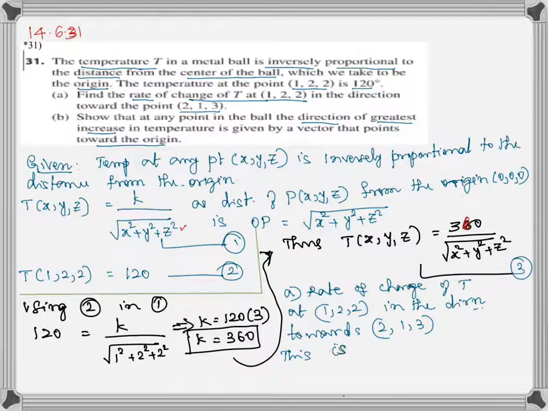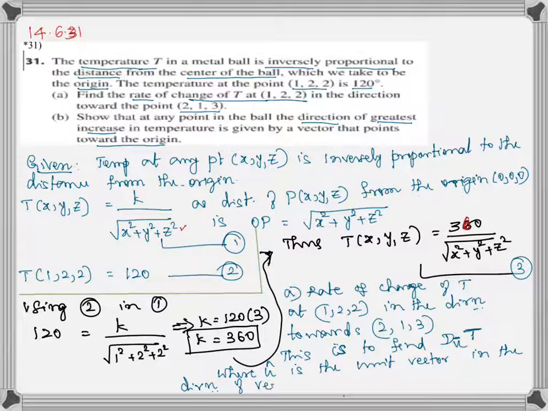This is to find the directional derivative D_u T, where u is the unit vector in the direction of P to Q, where P is (1, 2, 2) and Q is (2, 1, 3), in the direction of the vector joining the point (1, 2, 2) to (2, 1, 3).